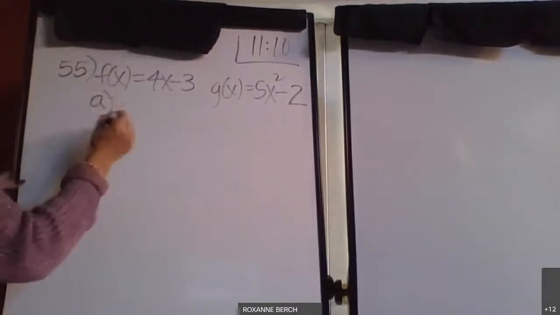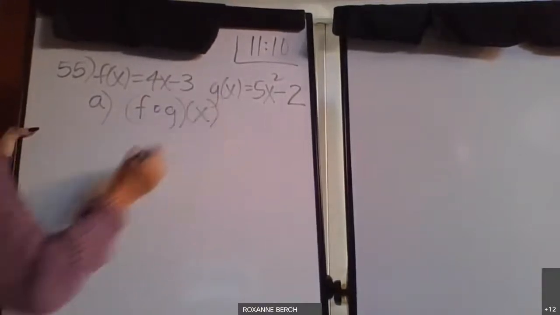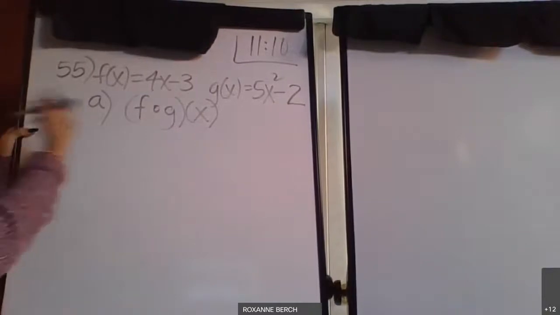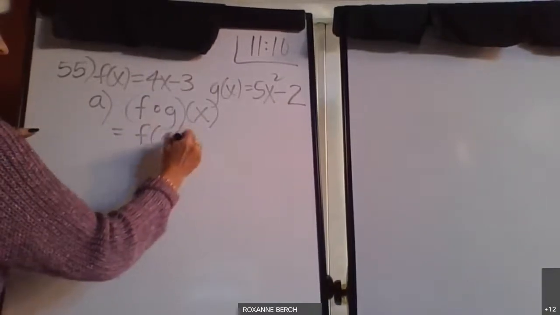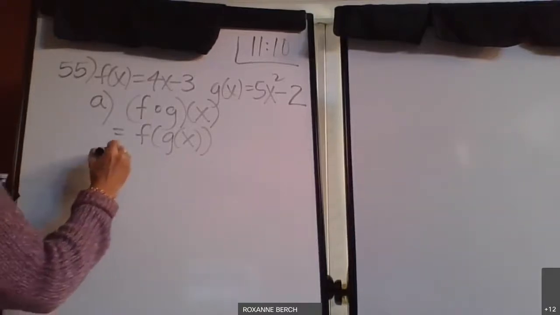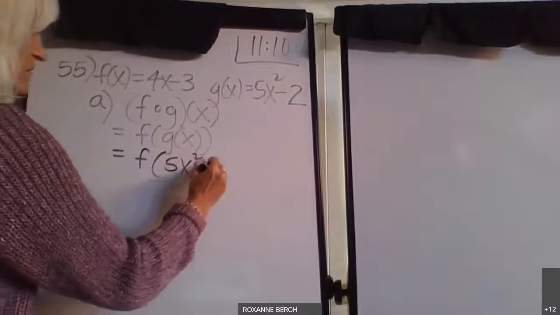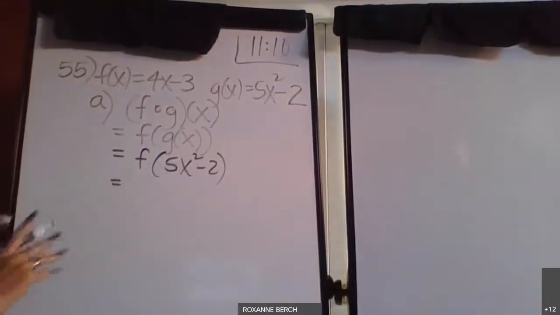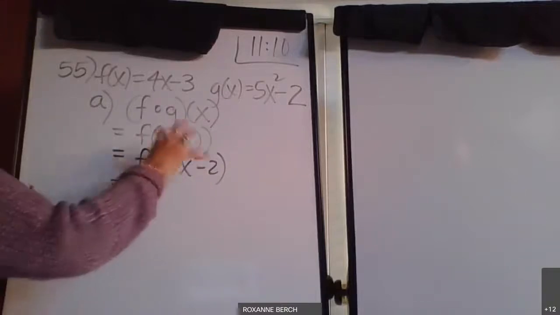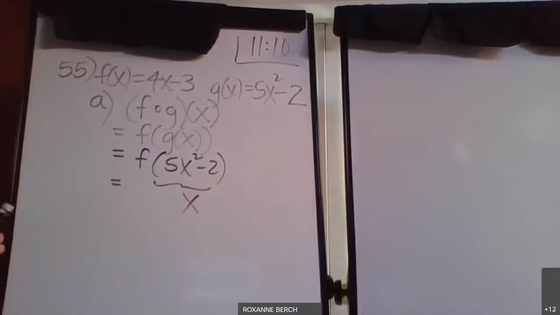So in A, remember we talked about the composition the other day, and I explained that the definition is f of g of x. So write it down. You work from the inside out. So you bring the f down and you put the g function in. So now what you have is f of x, but you have a new x. This thing represents x.